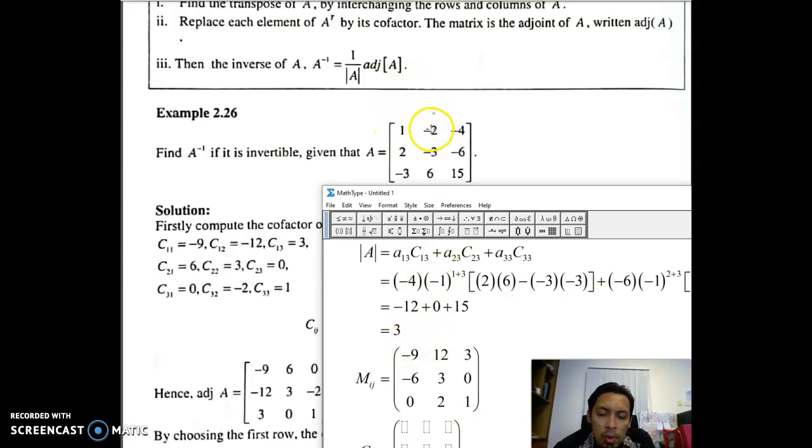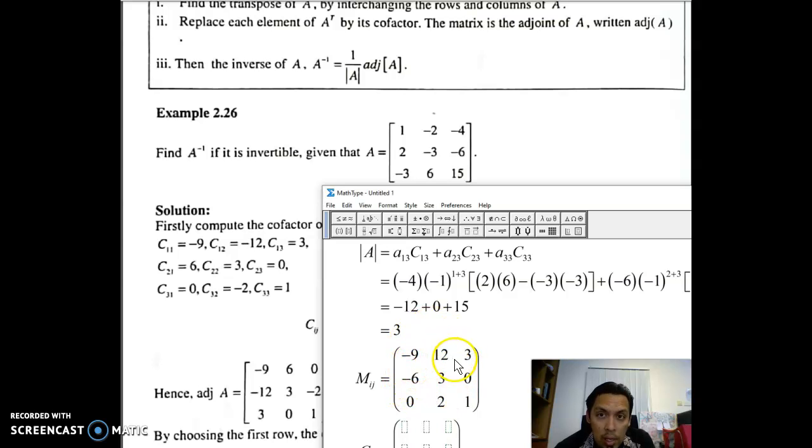So for this one, for A12, those outside its row and column are 2, negative 6, negative 3, 15. Cross multiply and subtract, you'll get 12, and do that for each of the elements, and that will give us this minor.